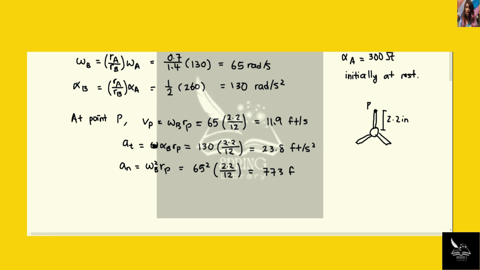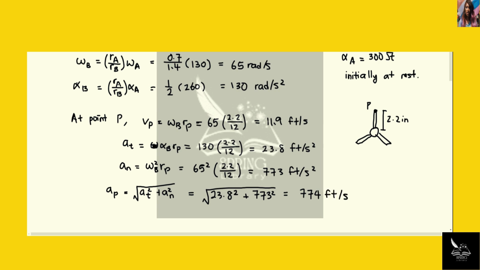Then the acceleration at point P would be the square root of the sum of the squares of the components. So 23.8 squared plus 773 squared, take the square root, and you get 774 feet per second squared.